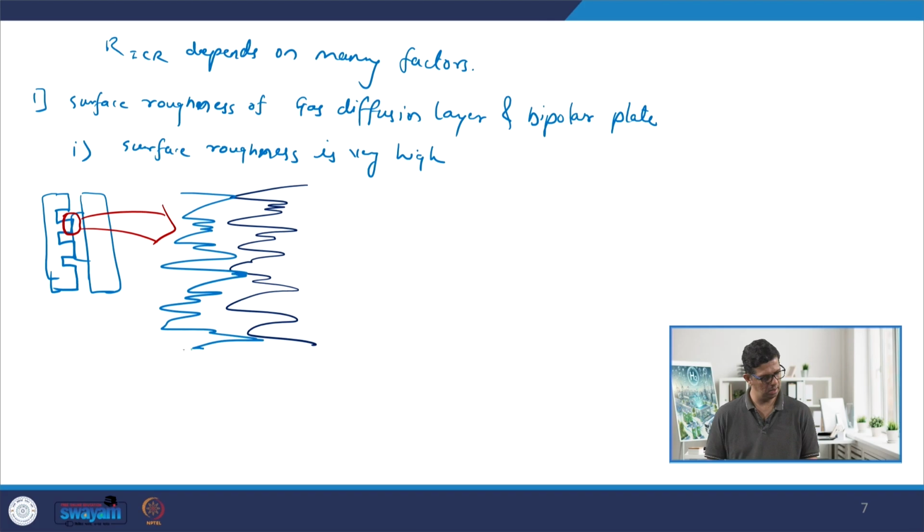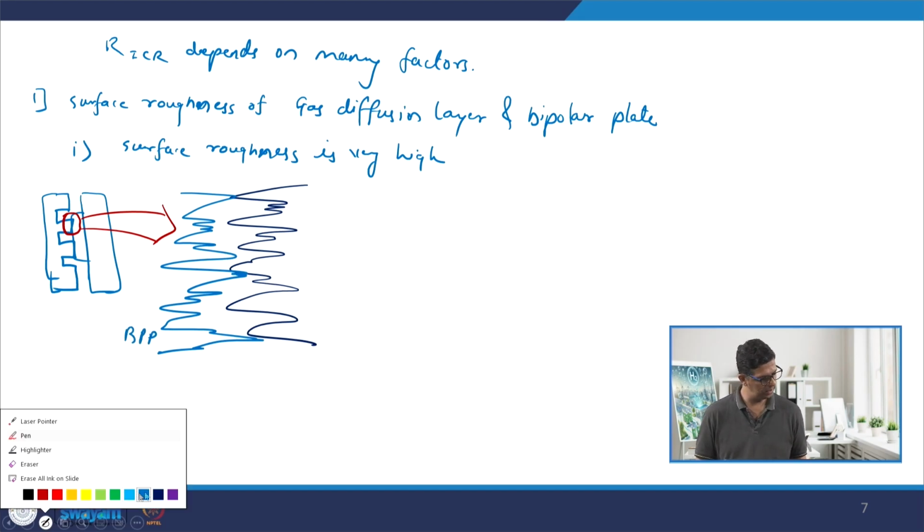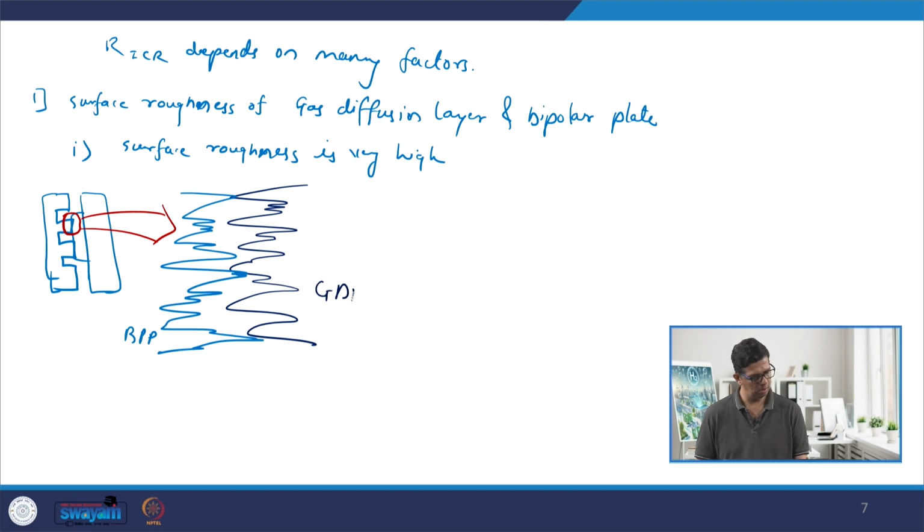This is just a sample representation. This is the bipolar plate and this is our GDL. Let us say both are rough or one of them is rough.